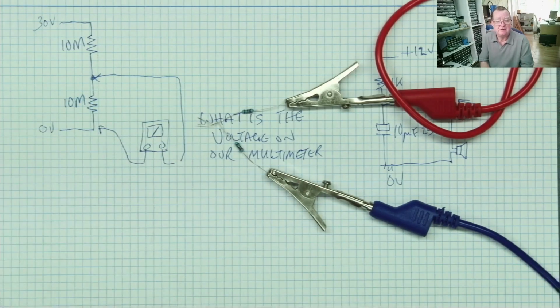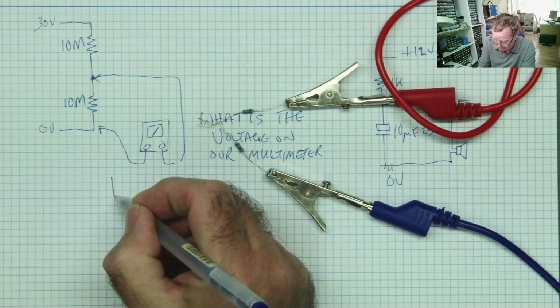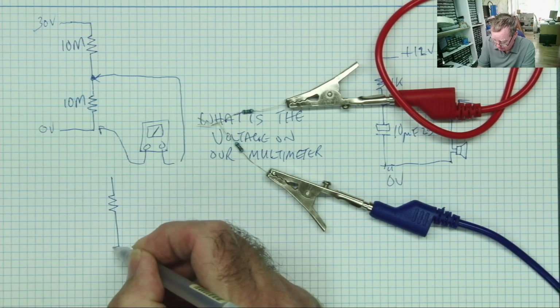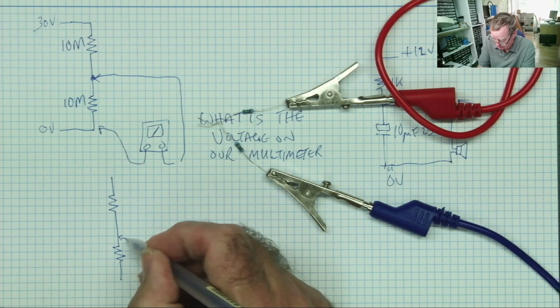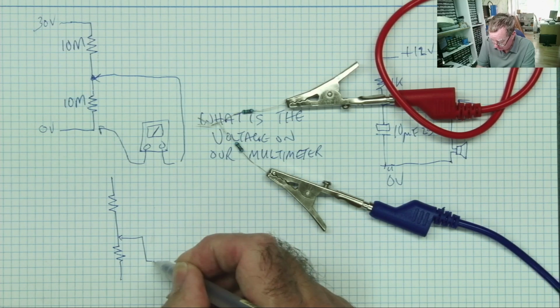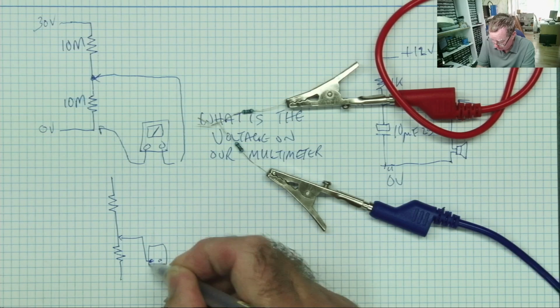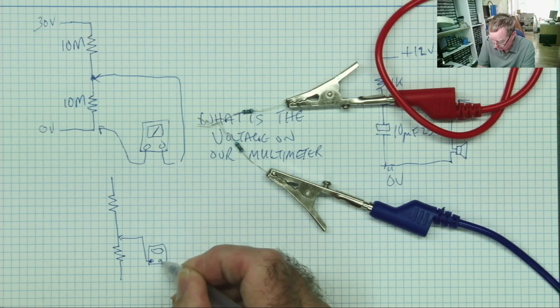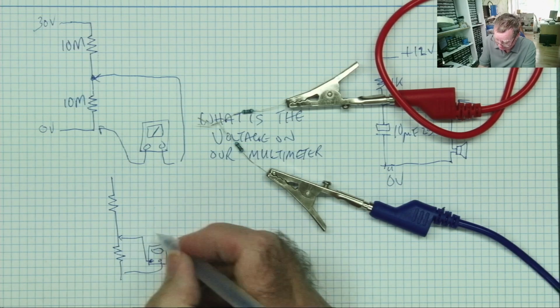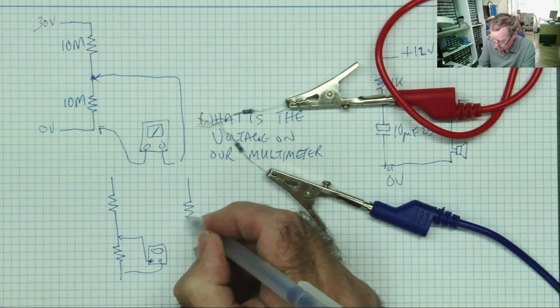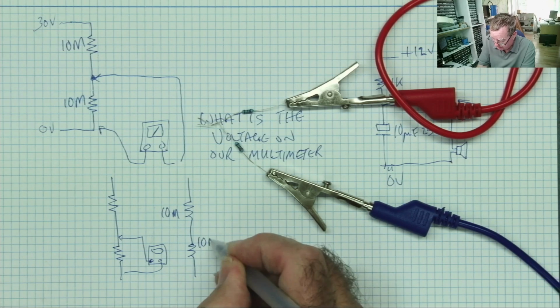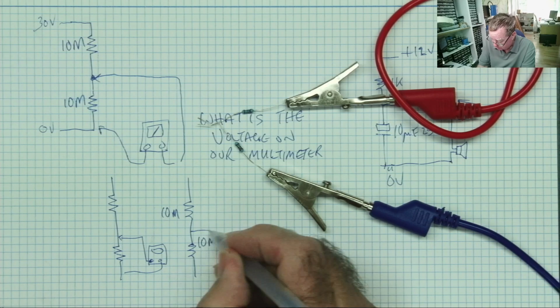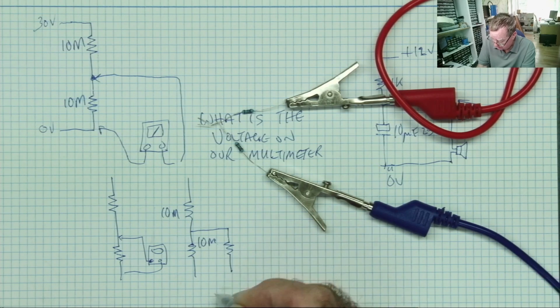So the resistance of my meter, when I connect it to the circuit, is 10 mega ohms. So what that means is, if we look at our circuit again, if I connect my multimeter here to here, I've actually got the equivalent of another 10 mega ohms, and then across this one another 10 mega ohms.